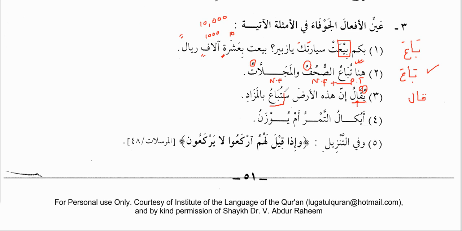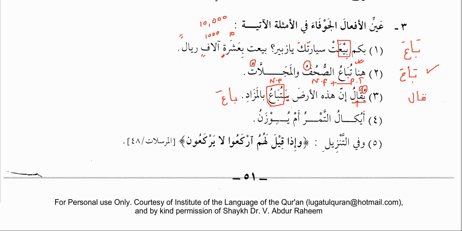This is also the fail majhul we are looking for, coming from ba'a. So satuba'u, this is the harf mustaqbal. It will be sold. So how are you going to translate? It will be sold. And yuqalu inna hazihil arda, how are you going to translate? It is said, it's being said, because this is the present tense.